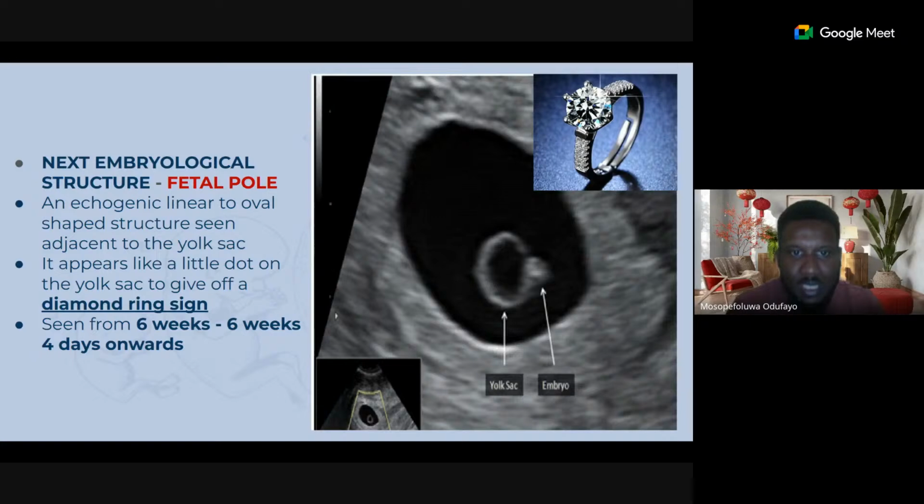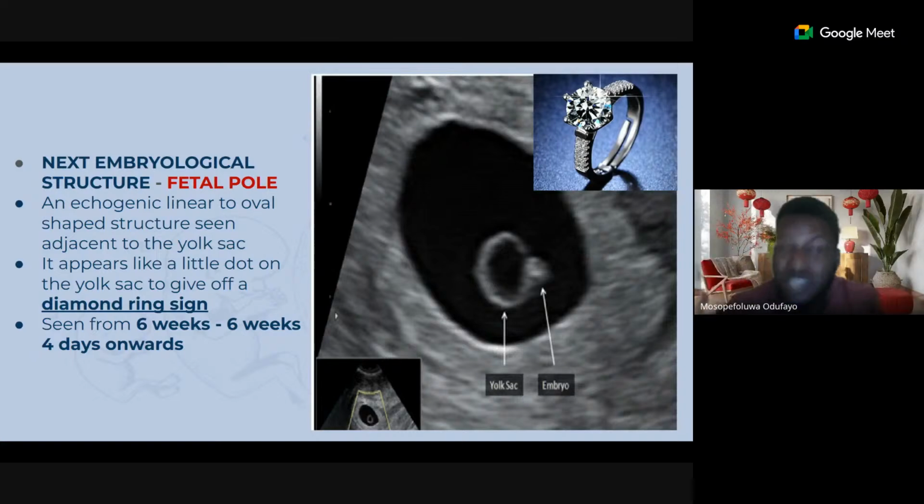And if you see it, you can observe that it looks like that ring that you will use to propose to your wives. Is that okay? And that's why we call it the diamond ring sign. The diamond on the ring is the embryo, and the ring itself is the yolk sac. So every single individual watching me right now started as that diamond on the ring. Is that okay? And so this will be seen at the 6th week.